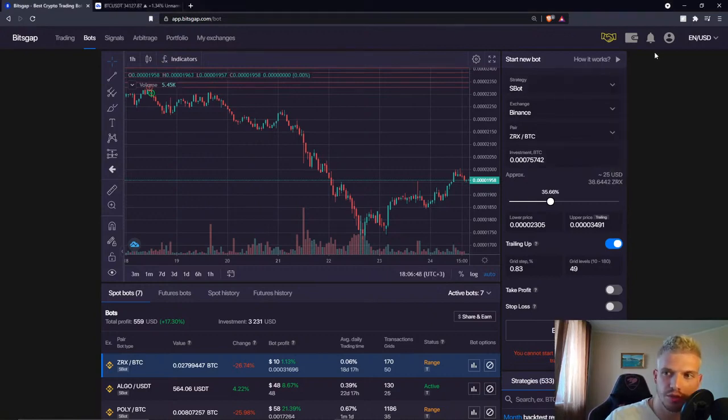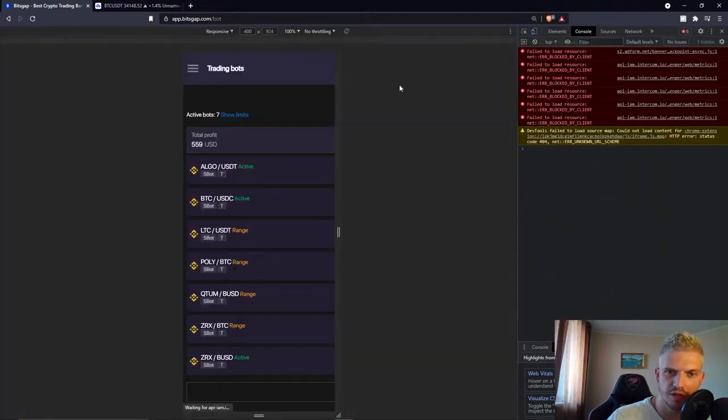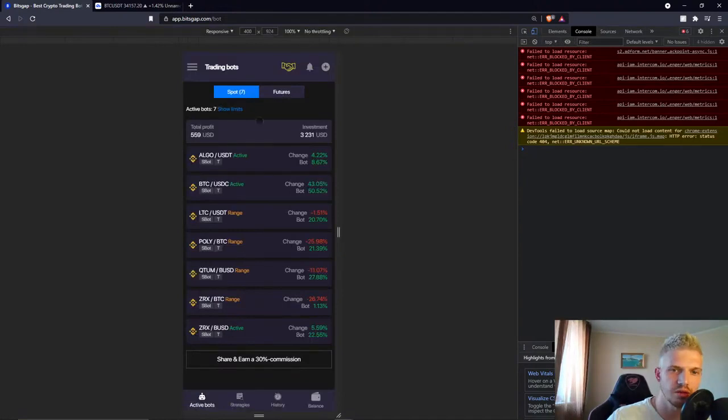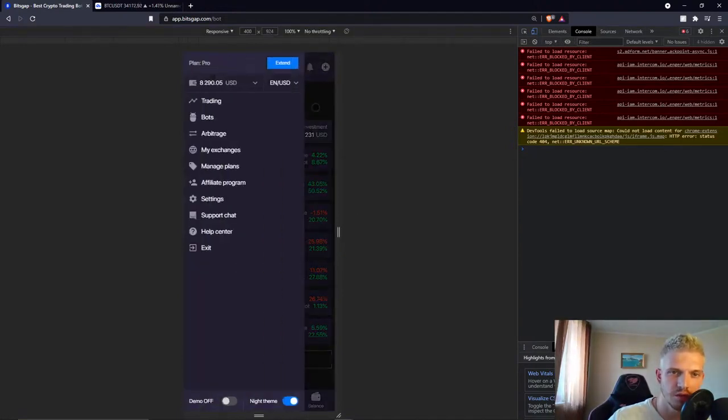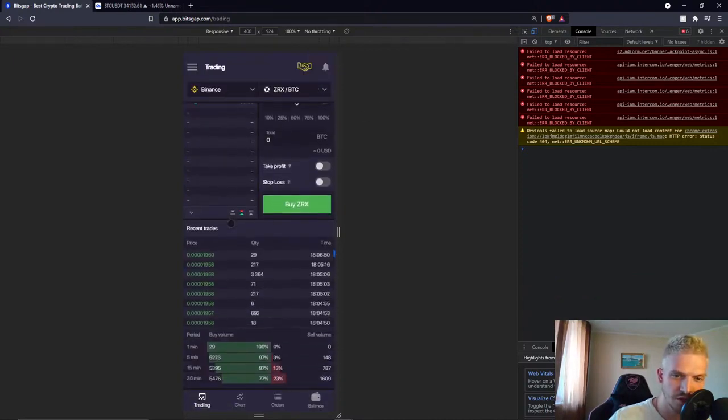Let me quickly show you how to do this exactly. I'm going to open the mobile device interface. So on your mobile it's going to look like this exactly. Let's say I go to trading, so you will see this kind of interface.